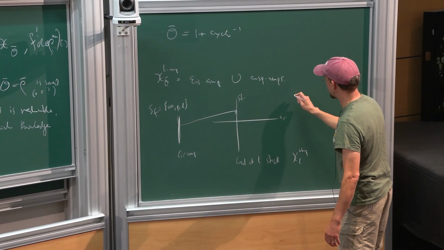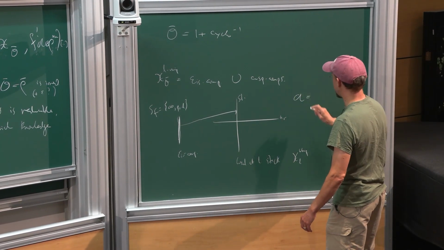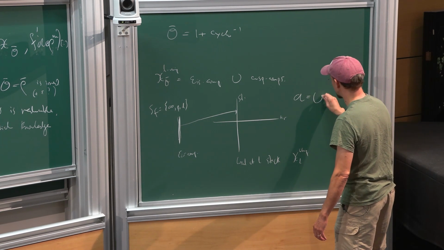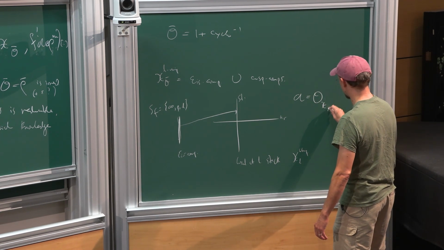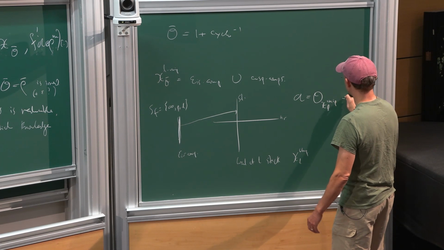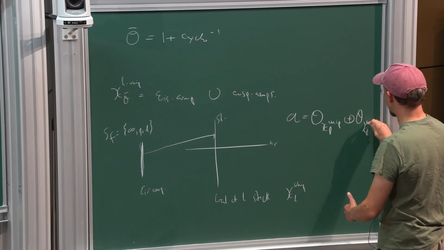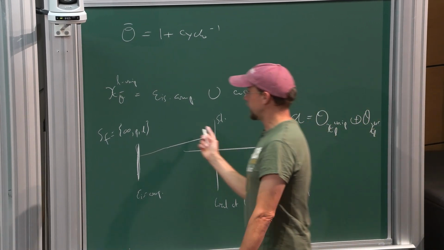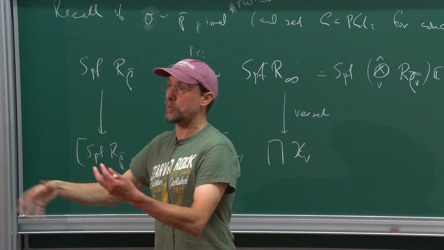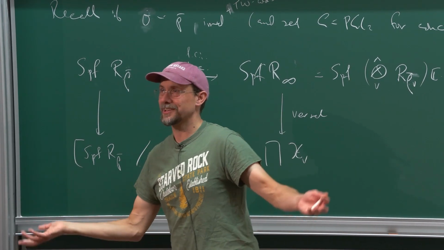So the relevant A is equal to the structure sheaf of this whole thing together with the structure sheaf of just the unramified thing. And that's what you're then going to pull back. Then you have to decide which pullback to use, which is your question.